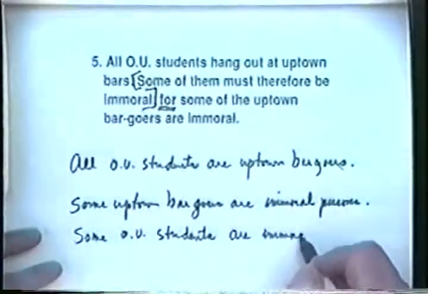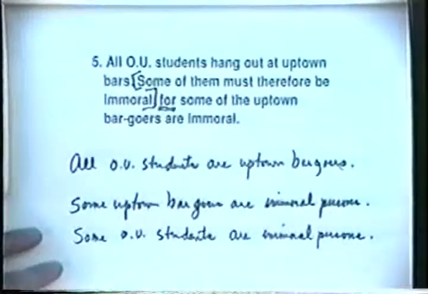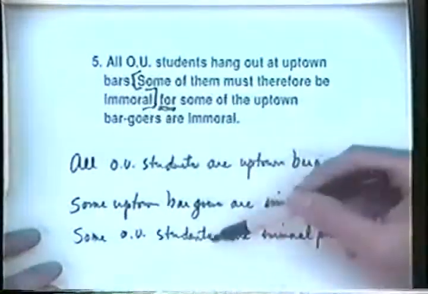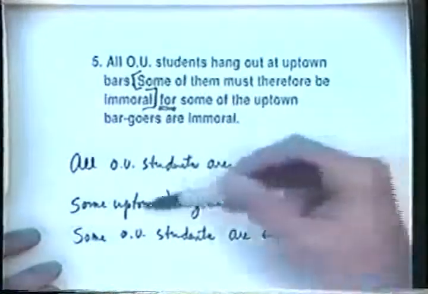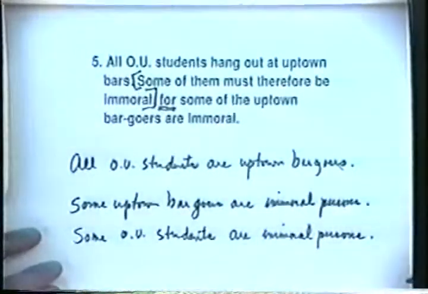And remember, we need to simply add persons here in order to have a substantive as our term for the conclusion. Count up your terms. OU student, that's 1. Uptown bar goer, 2. Immoral persons, 3. By the way, you should notice that question 5 is a fallacious argument.